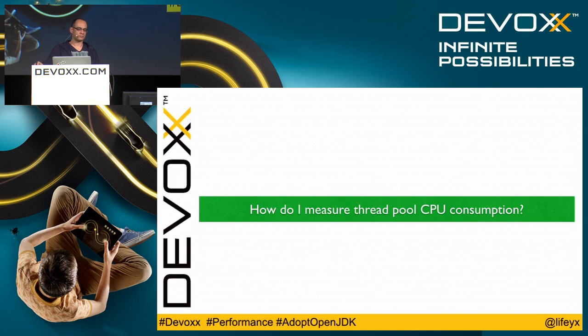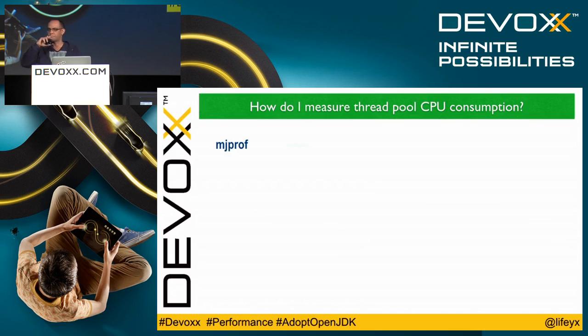One more thing that you can do with it, and this is actually something that really bothered me a lot of times before I developed mjprof, is that you want to be able to measure CPU consumption of threads, but you want to see what happens in many threads at once.